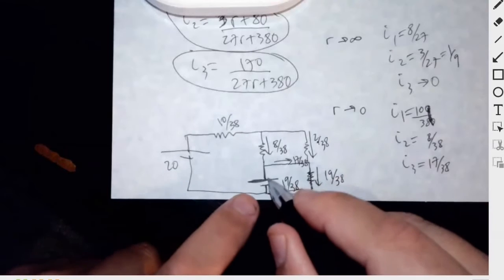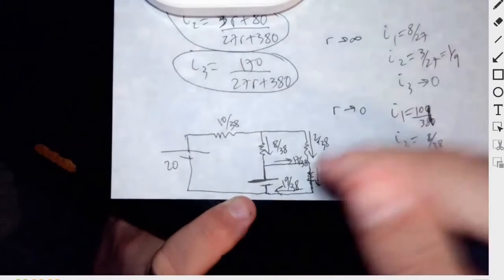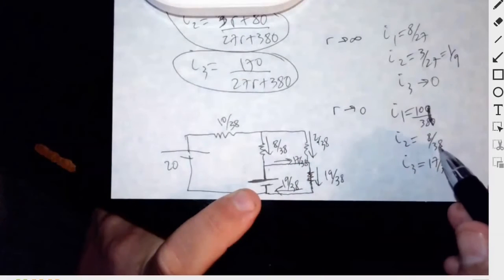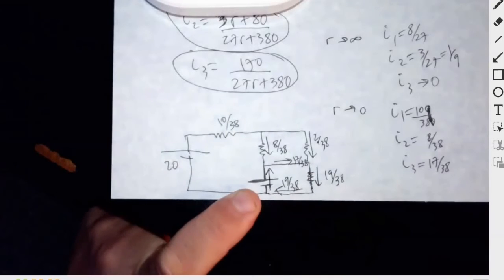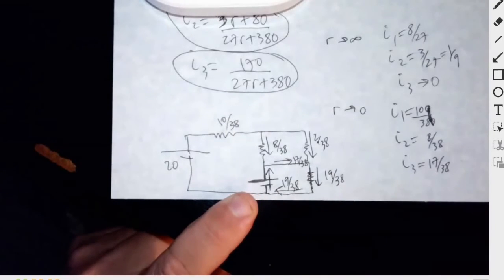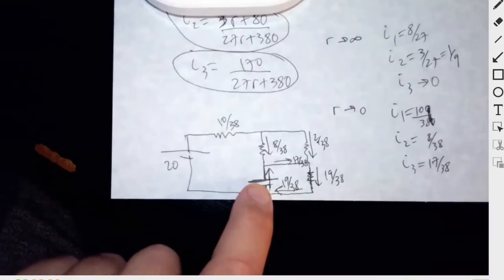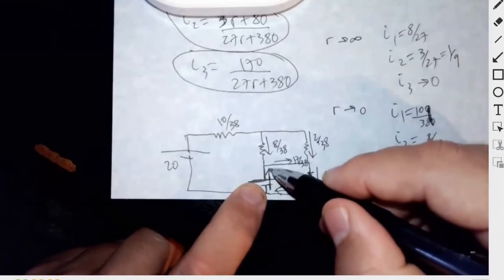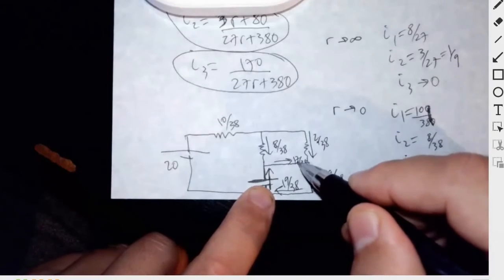Then what should that be? We called that one I2 minus I3, right? Oh, so actually the current is going up this way. You see? So what should that current be? Well, you could say, what current do you need here so that when joined with this gives you 17? Do you see?